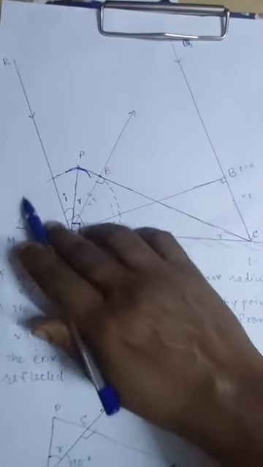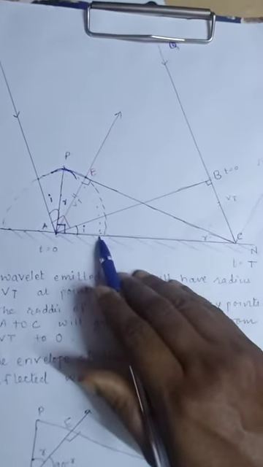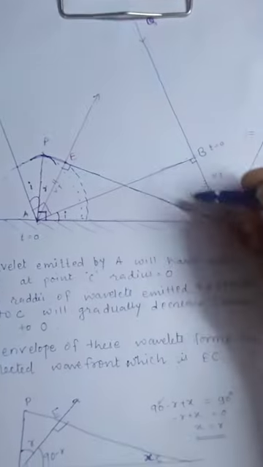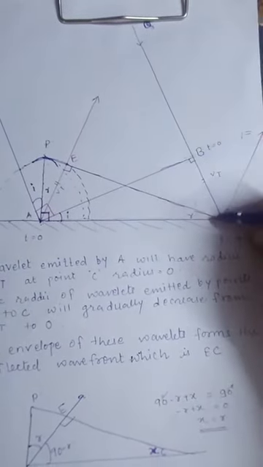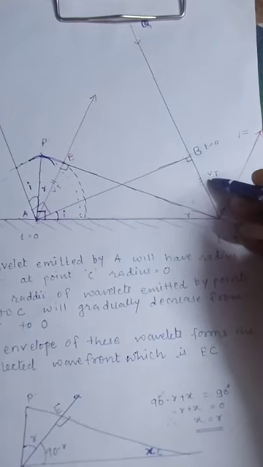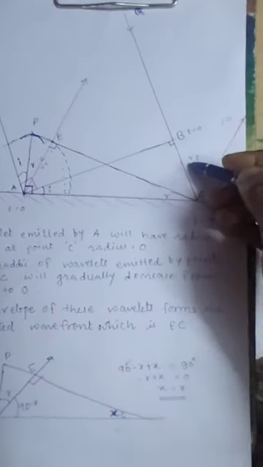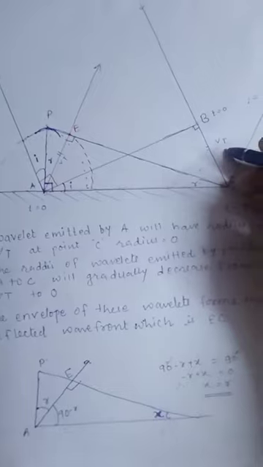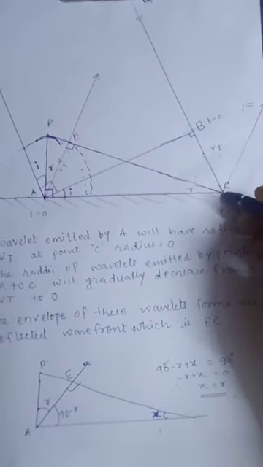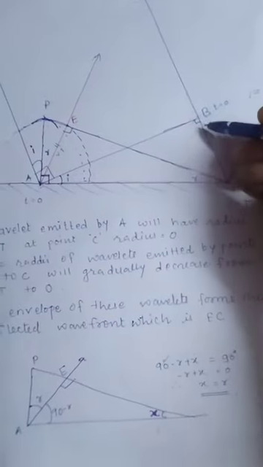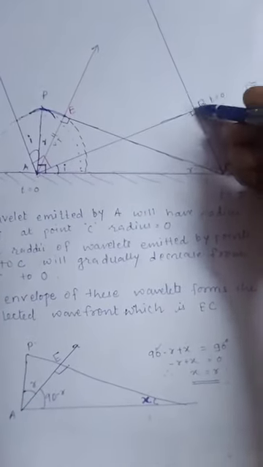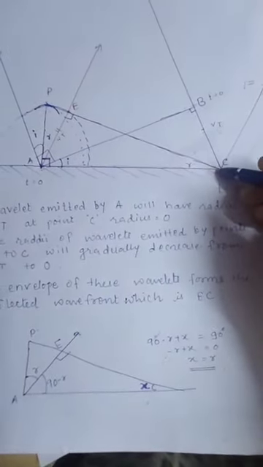The distance covered from B to C will be vt, if v is the velocity of light and t is the time taken to reach C.